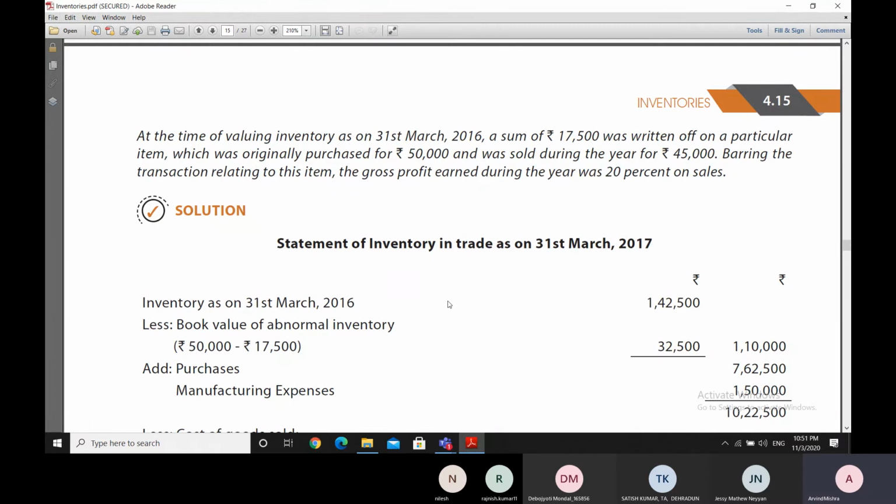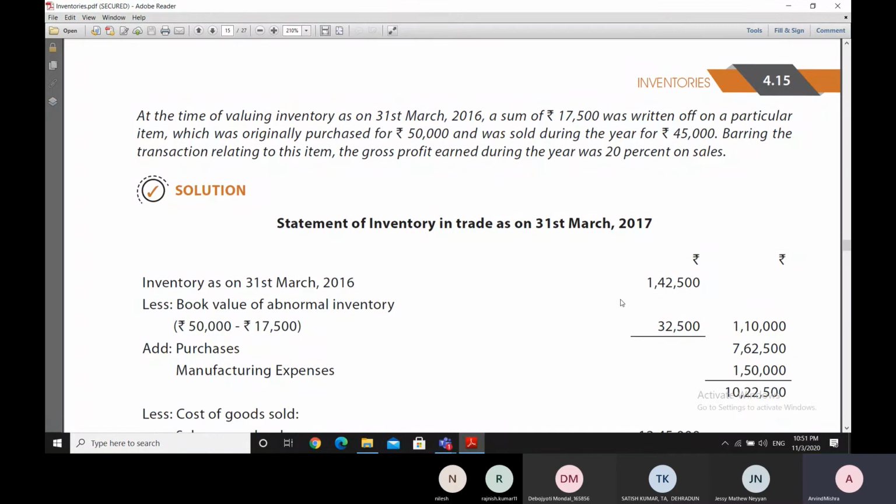This inventory includes an item which was actually purchased for 50,000 rupees and a sum of 17,500 was written off from there. So 50,000 minus 17,500, that is 32,500, we are reducing from this inventory of 31st March 2016, to adjust for this particular item.